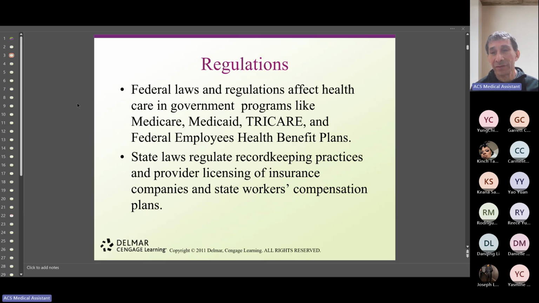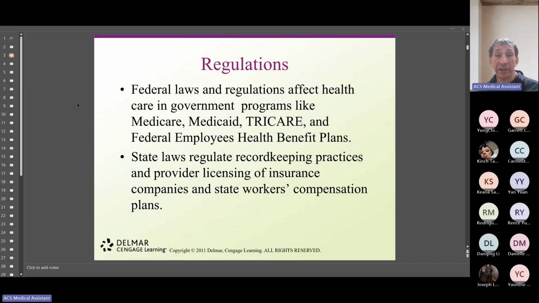So when we deal with governmental organizations or insurances, programs like Medicare, Medicaid, TRICARE, and the federal employees health benefits plans, we have to be very careful because we have lots of agencies that are keeping their eyes on all these claims and all these payments and all these codes that we use.